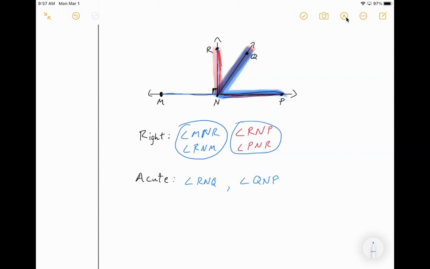All right, really quick. Last ones. Can you name the obtuse? There's one obtuse angle out there.